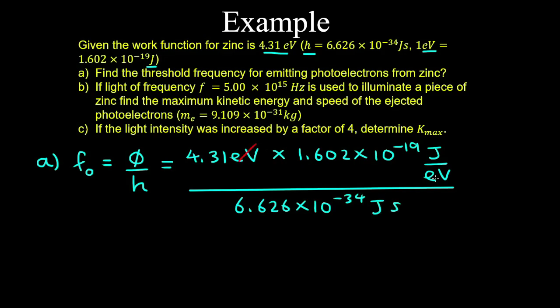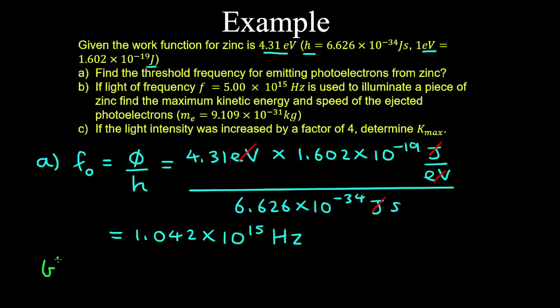The electron volts cancel and our joules cancel, and we get a threshold frequency in 1 over seconds, or hertz. That gives 1.042 by 10 to the 15 hertz.